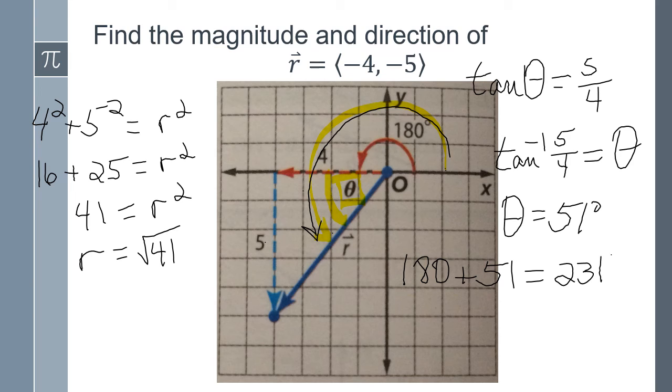That tells us the direction where it's going, all the way down to what we would probably call the southwest. Another way of doing that, they might say it's 51 degrees south of west, or 39 degrees west of south. They could say that too. But this is the mathematically soundest way of doing this.